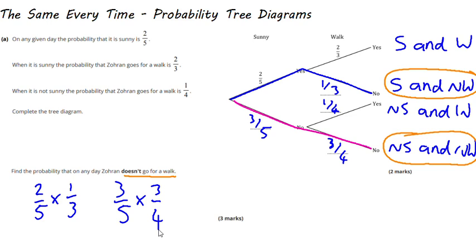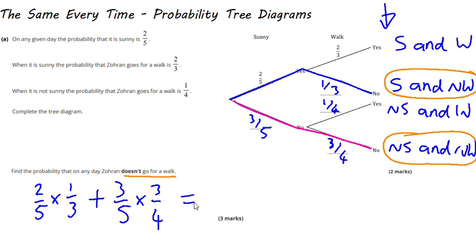If we're going down the options, so going downwards like that, we must make a plus, because if you remember, in probability, an or translates into a plus. So basically we're saying the two options are sunny and not walk, or not sunny and not walk. So now, calculator job for this one, I think. Use your calculator.